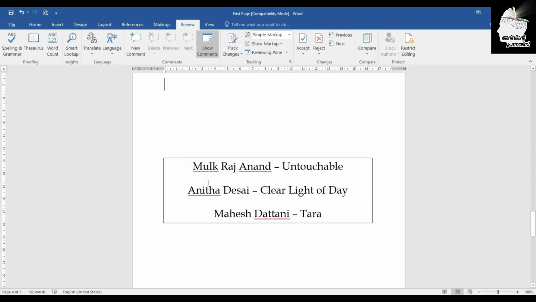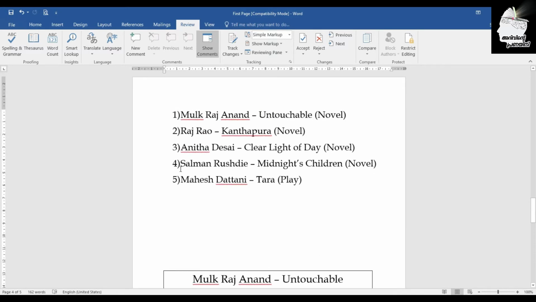If I choose, I will be going for these 3 questions: Mulk Raj Anand's Untouchable, Clear Light of Day, and Mahesh Dattani's Tara. I am not saying that Salman Rushdie's Midnight's Children and also Raja Rao's Kanthapura are not that important. Everything is important.